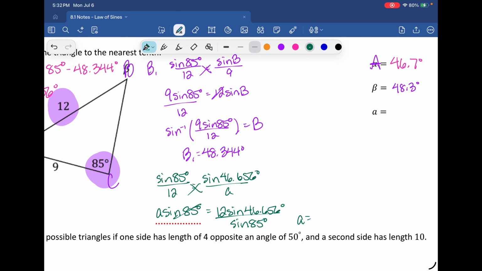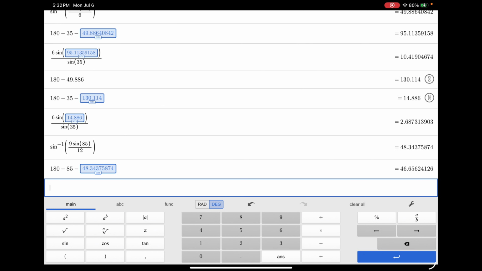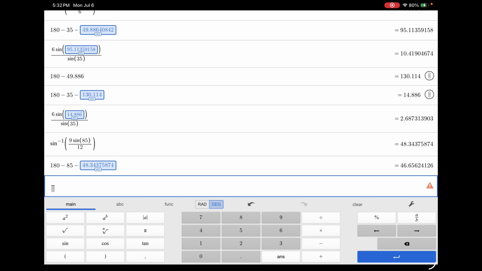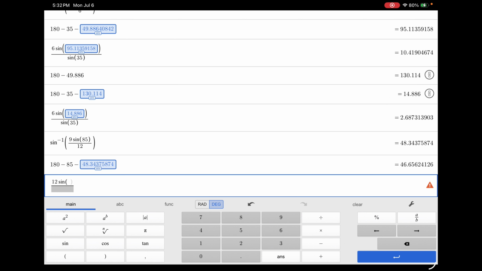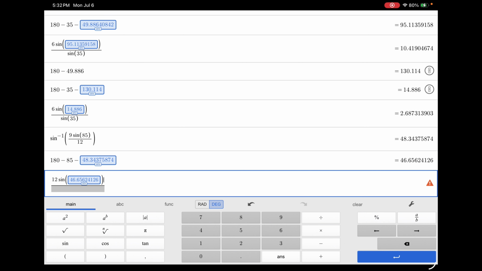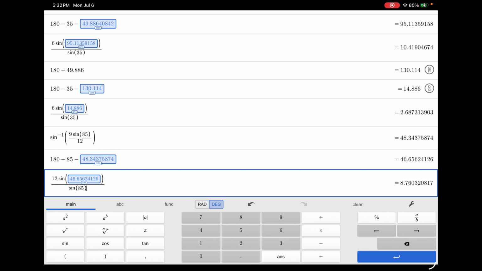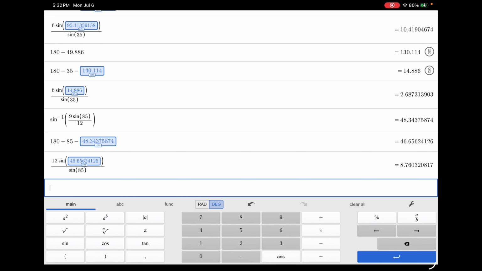So A equals sine previous answer over sine 85. And we get 8.760.